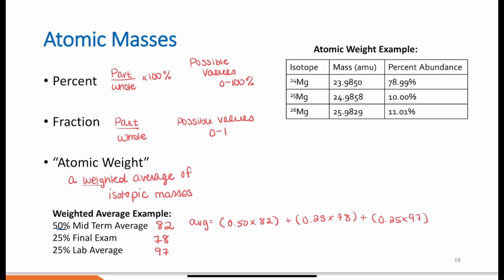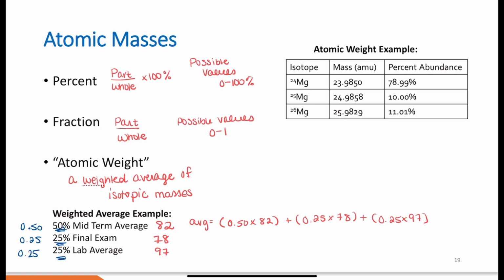So again, what I did here was I put these back in fractional form. 0.5 or 50% is 0.5. 25%, 0.25. There should be a decimal place right here. I apologize. I should have 50 with a decimal point on your slide. I missed that when I was making your slides because of sig figs. And then 0.25. I've taken them out of percent and put them back in fractional form.